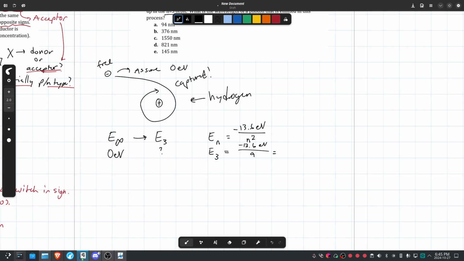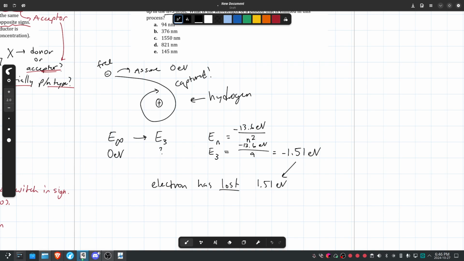Negative 13.6 divided by 9, you're going to get negative 1.51 electron volts. So it has gone from having an energy level of 0 to an energy level of negative 1.51 electron volts. That means that the electron has lost 1.51 electron volts. Where has the energy gone to?